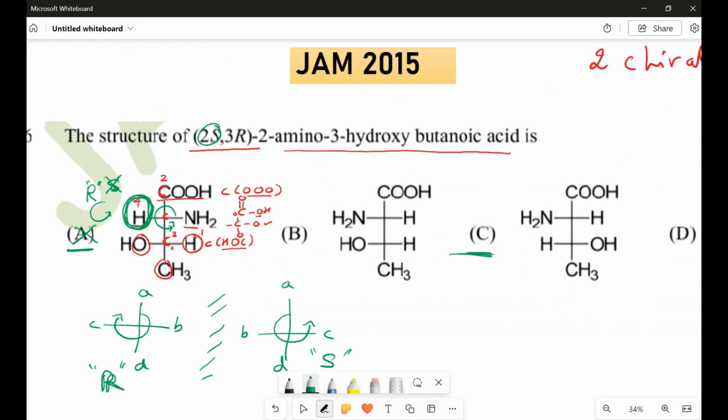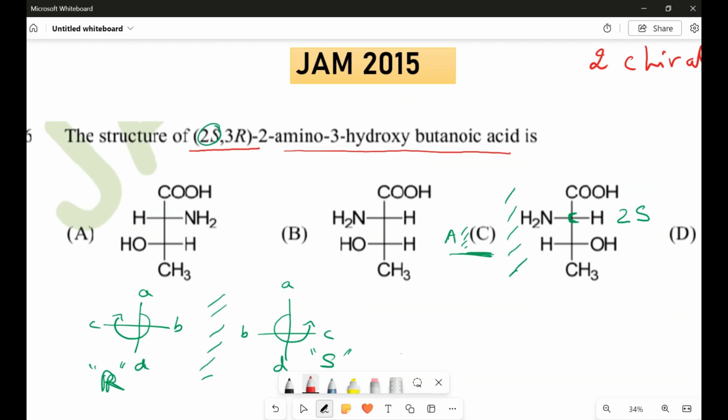So A and C are enantiomers, they are mirror images. So if I have R configuration for this particular carbon, C2, the mirror image carbon should have S configuration. So it is 2S.